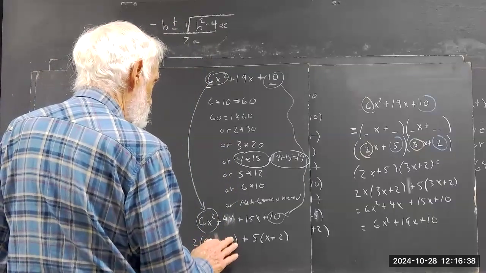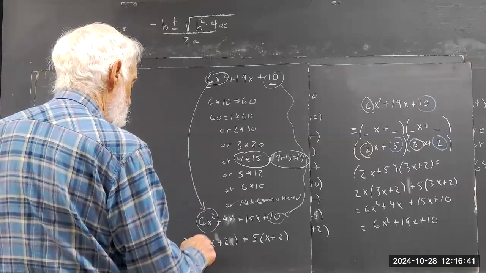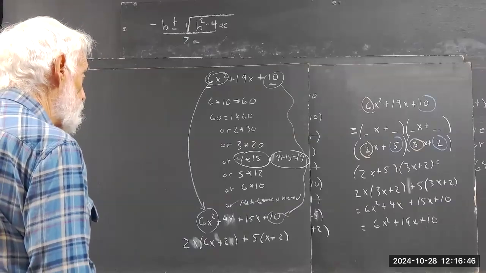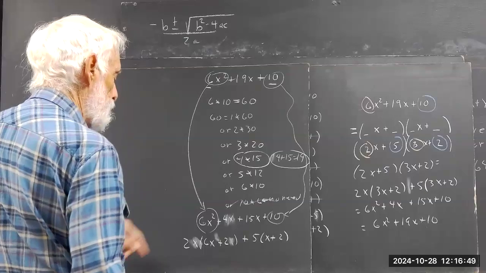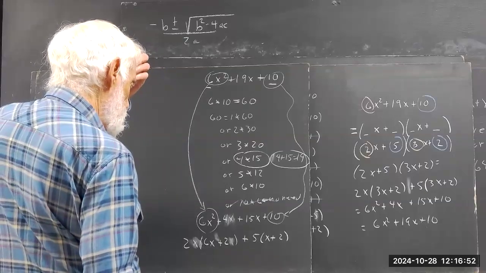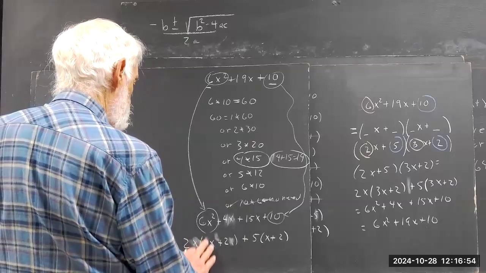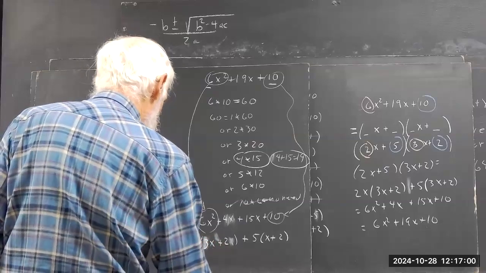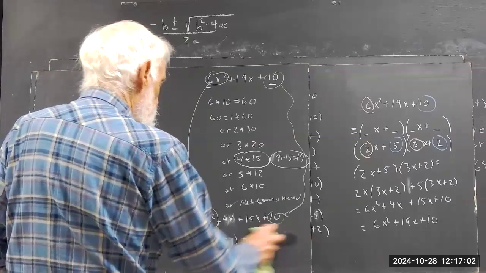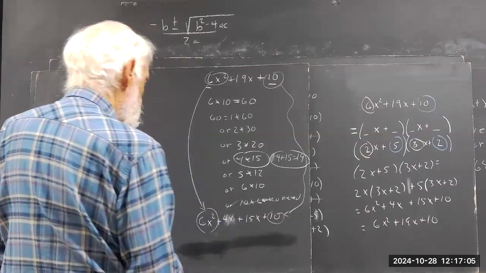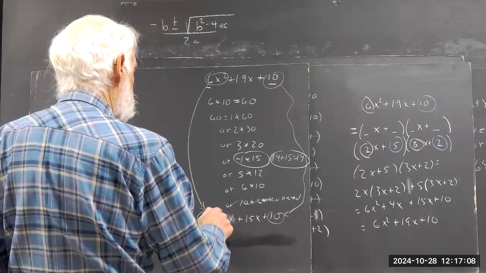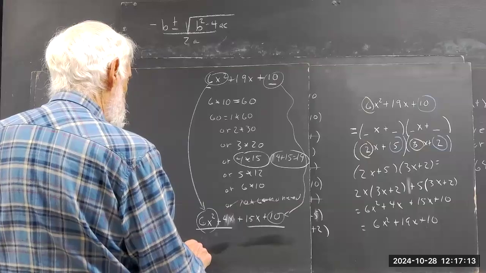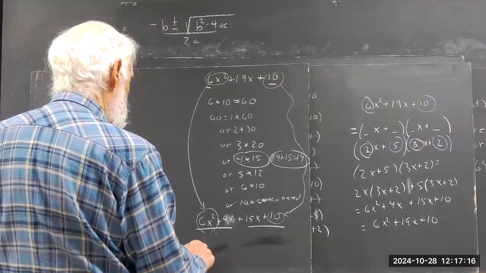And factor out the whole 2x here. And what do you get? Must have woken up on the wrong side of the bed this morning. But do it again. If I factor this group, I can factor 2x out of this.